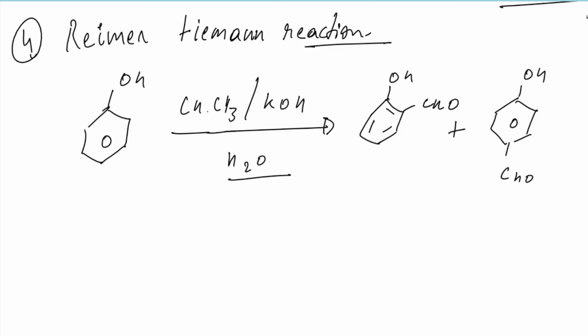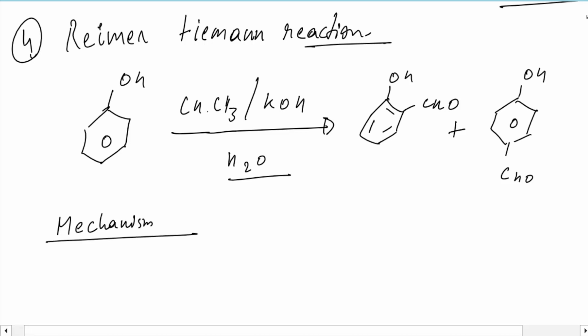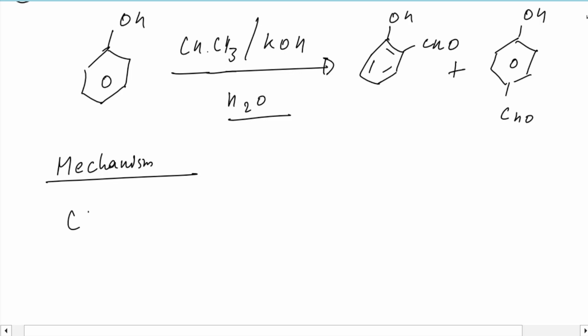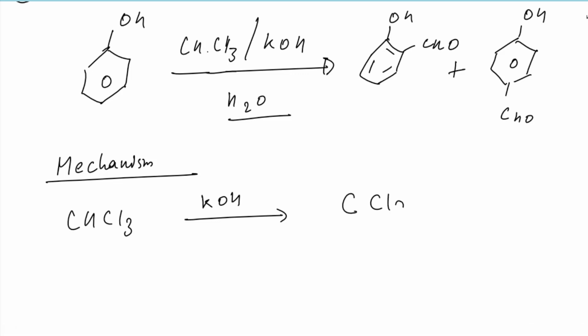So simply, how is the dichlorocarbene formed here? First of all, let us have a look at that. See, CHCl3, chloroform, reacts with KOH to form CCl2 plus KCl plus H2O.